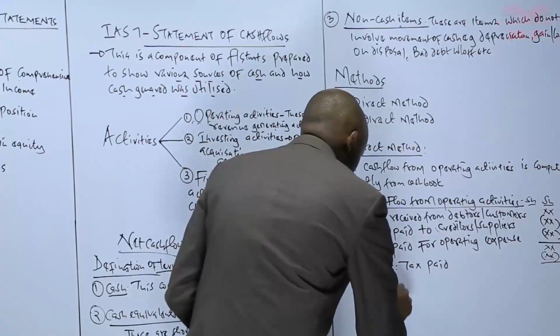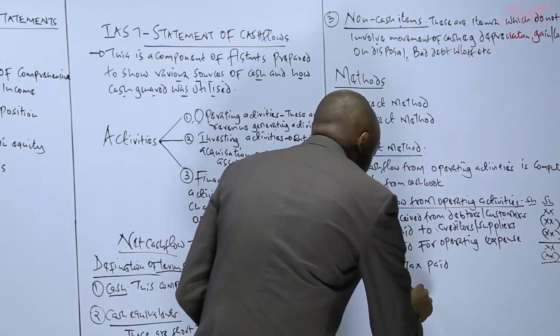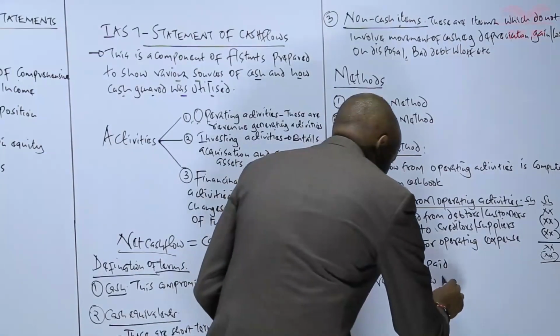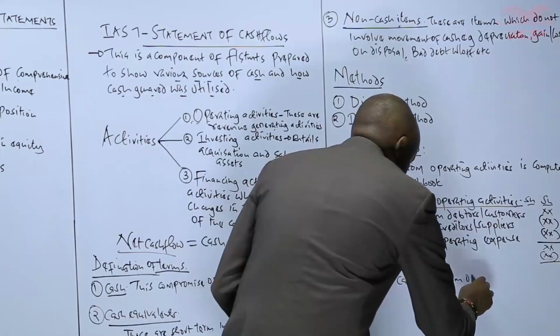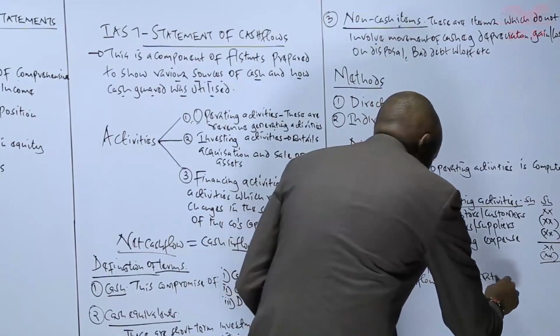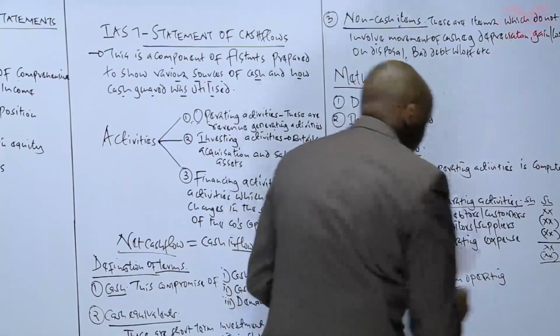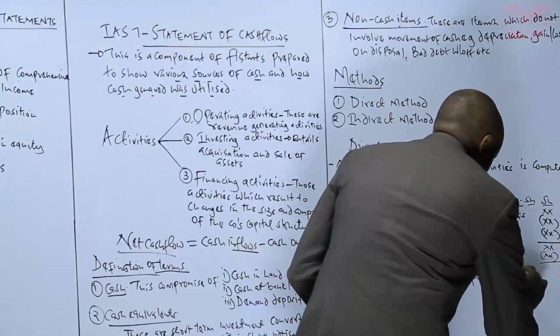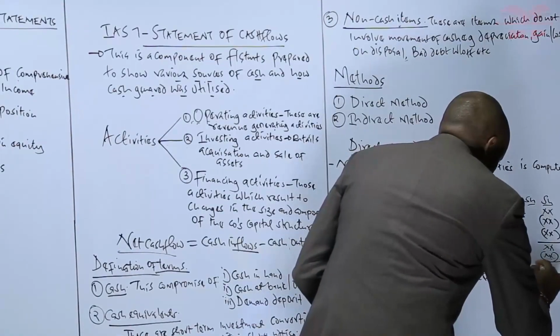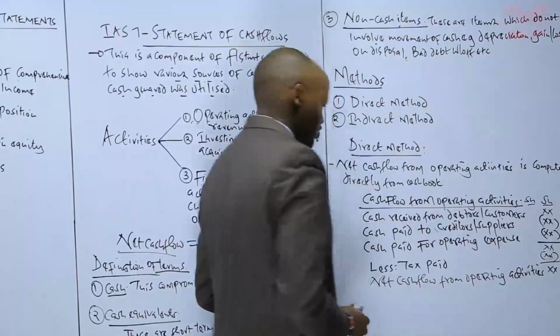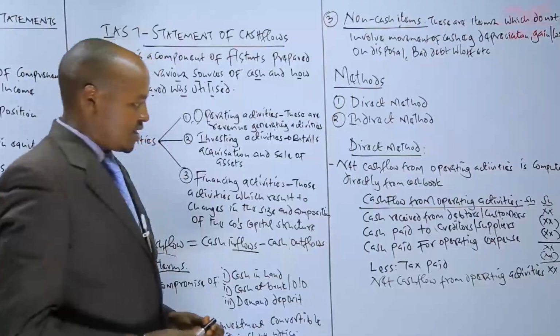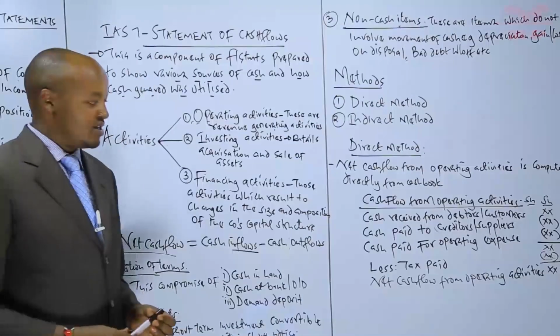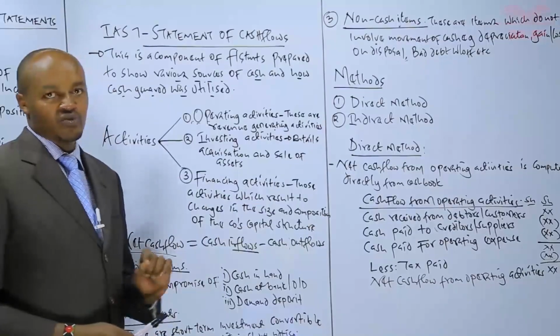And then we get the net cash flow from operating activities. That is how we compute the net cash flow from operating activities under the direct method.